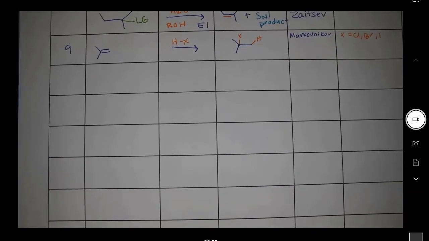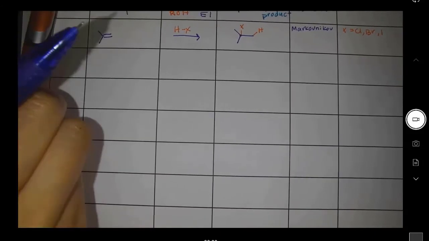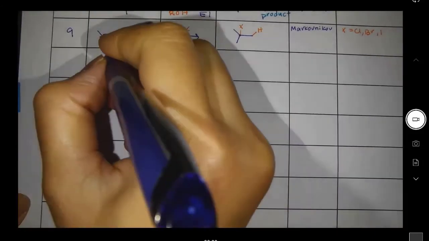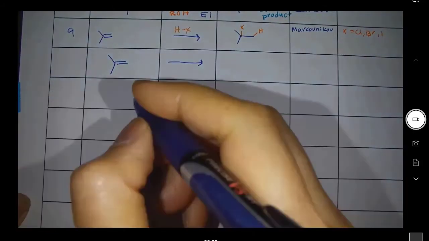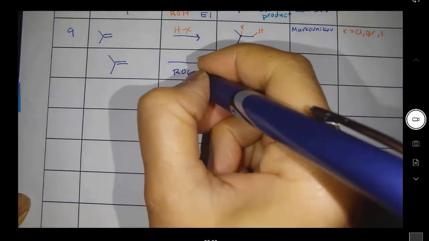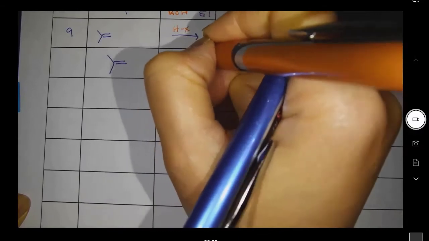So that one goes to the Markovnikov. If you want to switch that regiochemistry to the anti-Markovnikov, we have the same alkene. We're going to add peroxide to that reaction. So R being other R group. We use the same HX.